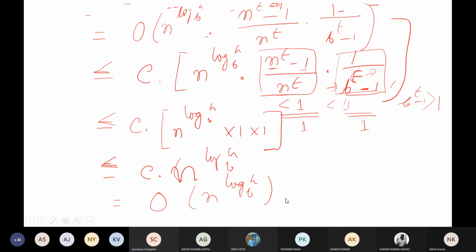So here you see, we have proved case 1, that Gn can be bounded as big O of n to the power log a base b.